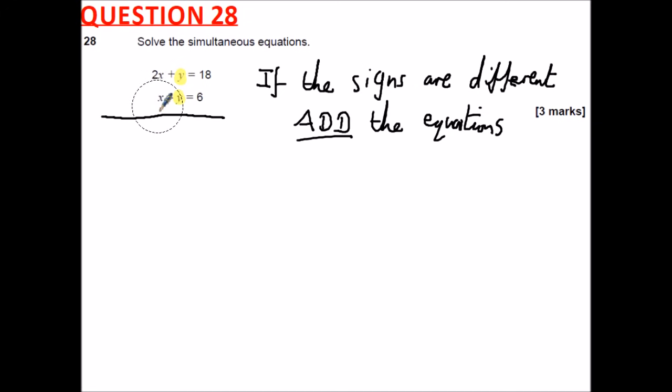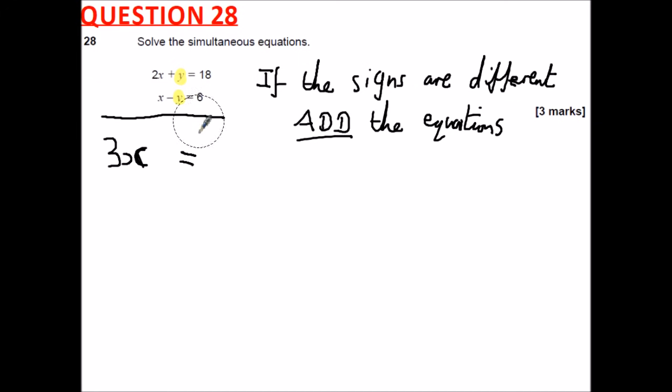Both groups of x's are positive, so 2x plus an extra x would be 3x. The reason we're adding both equations together is that we want one letter to vanish, and that will happen with the y's. Y plus a minus y. If you add a minus, it's the same as just taking it away. The positive y will exactly cancel with a negative y and leave us with no y's at all, which is what we want. So on the left hand side, we'll just be left with 3x's.